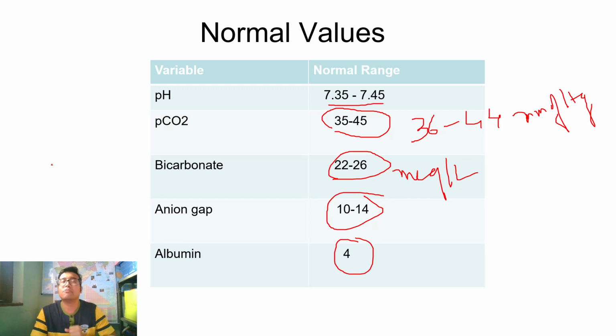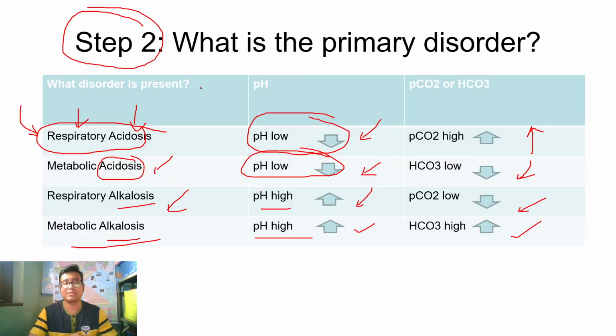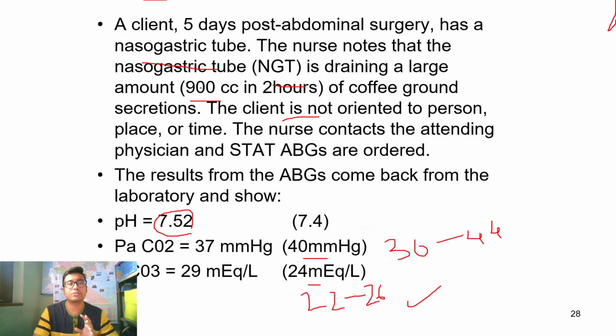That being said, we looked into the normal values, and the normal values of the first three are a must to remember: pH, PCO2 and bicarbonate. And then we looked into various combinations, and I told you pH is directly related to bicarbonate level and inversely related to the PCO2 level.